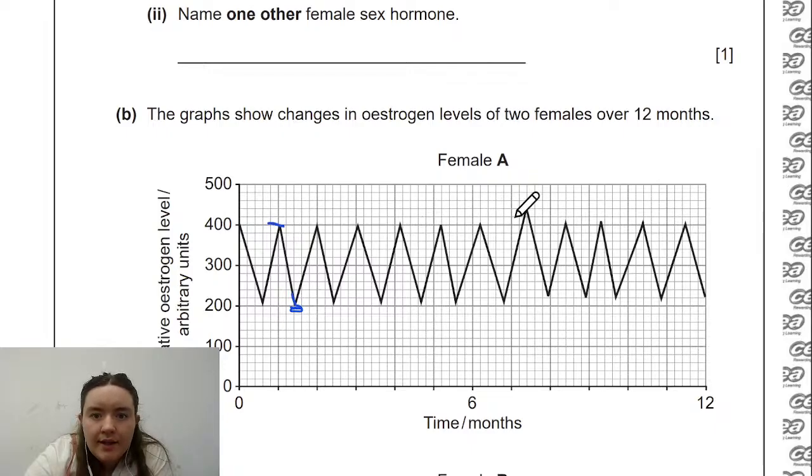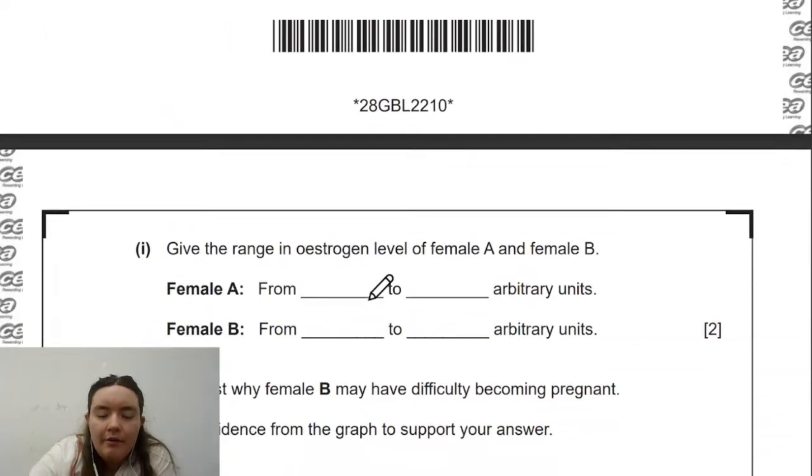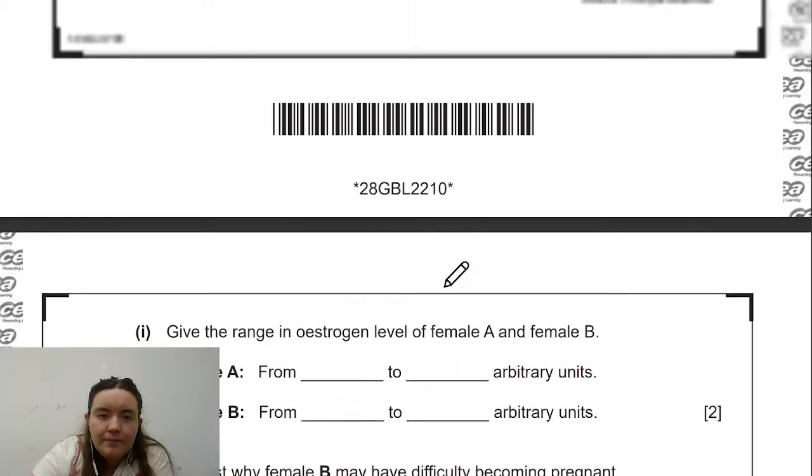However, we can see that there's this reading over here, which is a bit higher and probably reads about 540. So I would put female A's estrogen level as ranging from 200 to 540 arbitrary units.